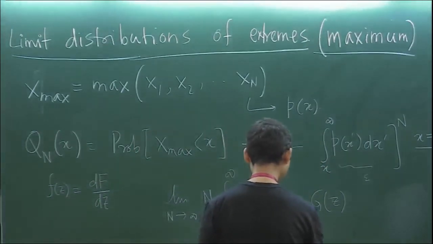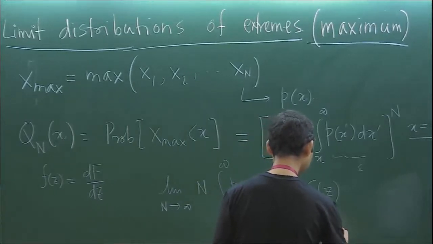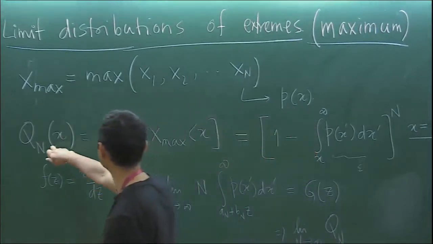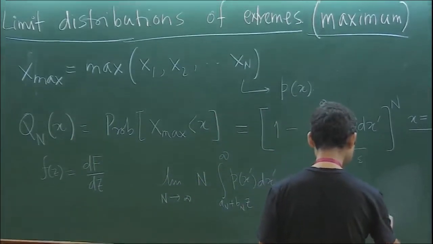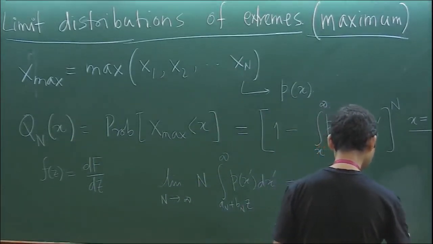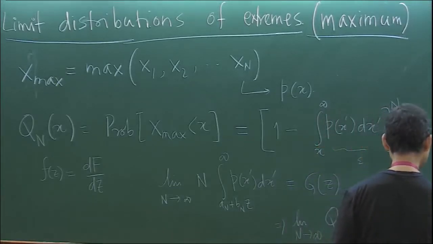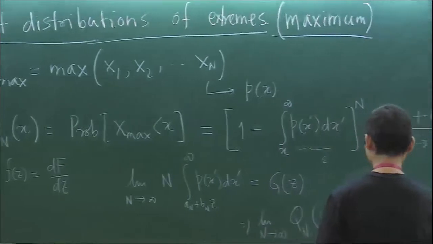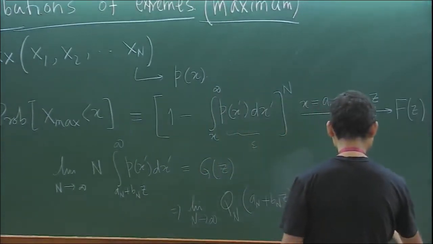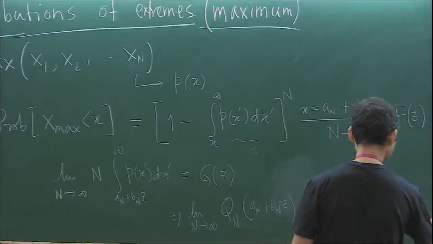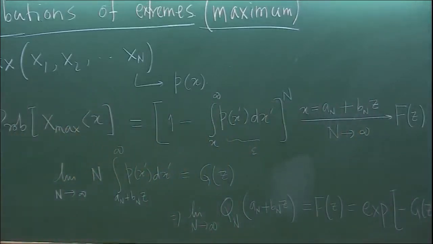So in that case, what will happen is that in the limit n goes to infinity, your q of n, where x is a n plus b n z, becomes your f of z, and f of z is given by exponential of minus g of z, right?